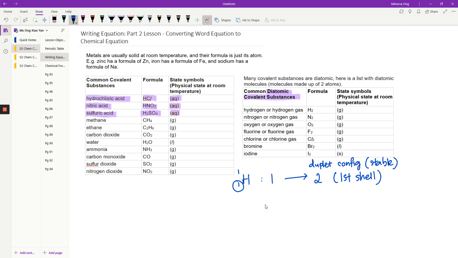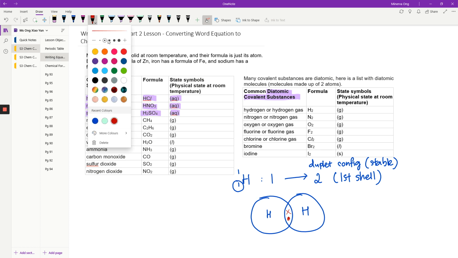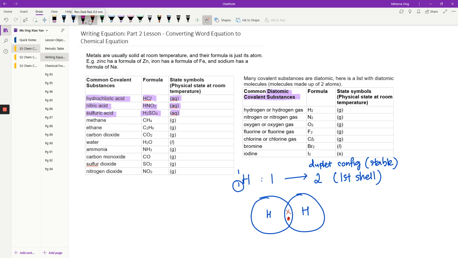So in order to achieve that, hydrogen forms with another atom of hydrogen, and they will share a pair of electrons. If you look at one atom, you will see that they have a pair of electrons, which is a complete shell. And if you look at the other atom, it will also have the complete shell.